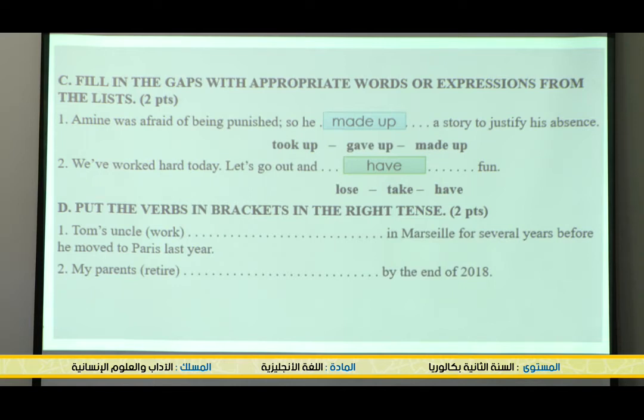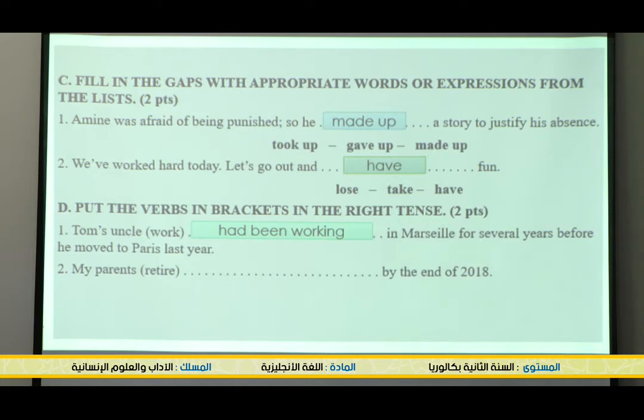And something else here, we have for. For tells us that this tense should be continuous, okay? So the tense that we should be using here is the past perfect continuous. So Tom's uncle had been working in Marseille for several years before he moved to Paris last year.